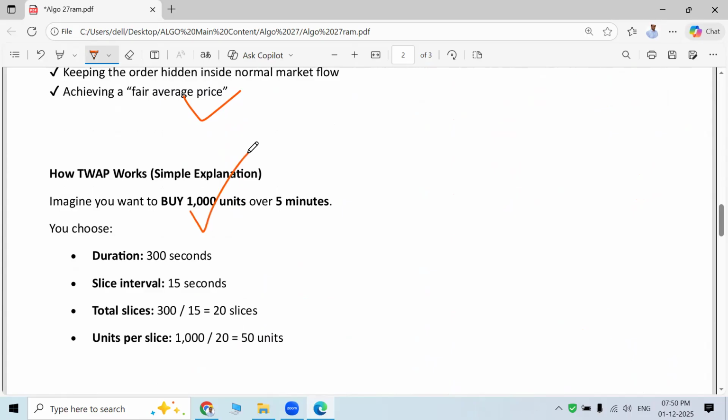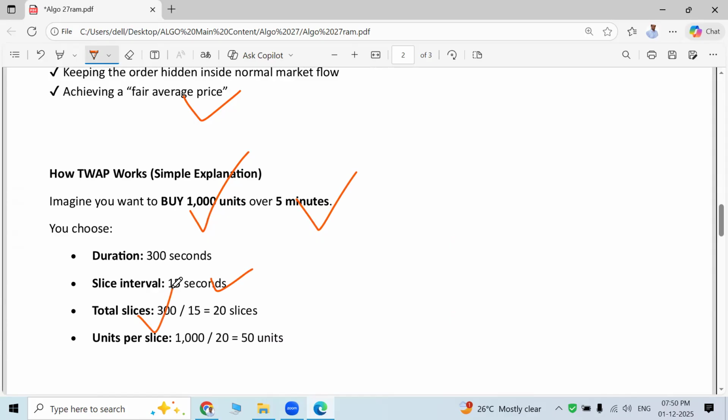Suppose you want to buy 1000 units. We are going to buy those 1000 units in 5 minutes, not 5 seconds, and each of these slices is 15 seconds.